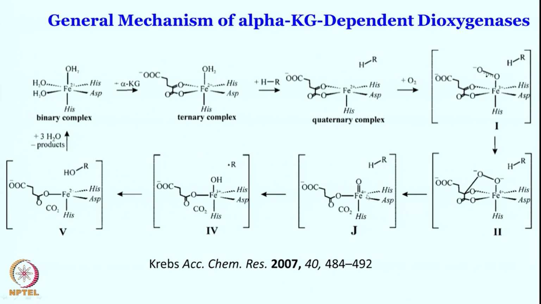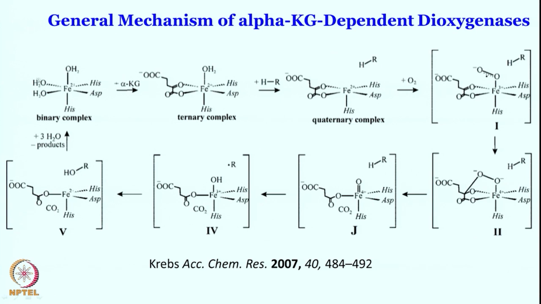These are reactive intermediates and the substrate is sitting right close to it, therefore the oxo will abstract a hydrogen atom to form the hydroxo and the R radical, right. This R radical and hydroxy radical can combine with each other to give the ROH.